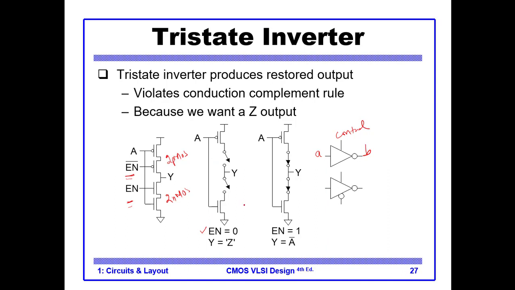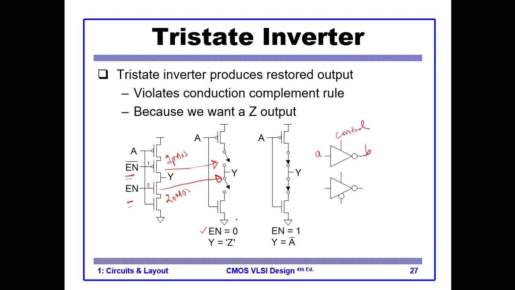So when this is 0, the gate of PMOS will be 1. For example, if you apply 1 here and 0 here, this will be off and this will be off.